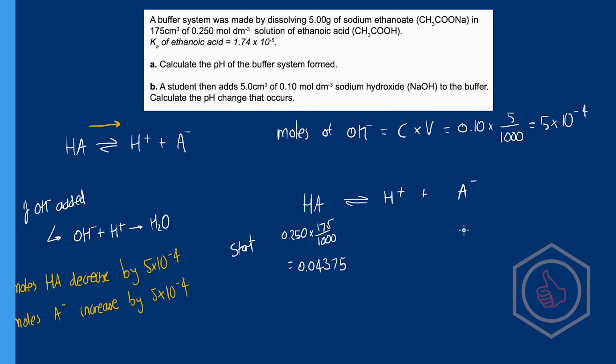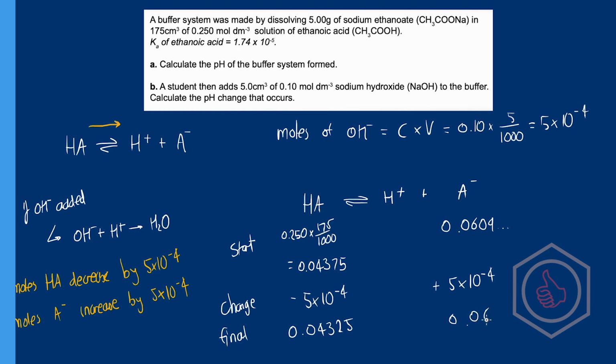The starting moles of A minus we calculated earlier from the dissolved sodium ethanoate, and this was 0.0609. Now we've just said that the change in moles of HA is going to be minus 5 times 10 to the minus 4, and an increase of 5 times 10 to the minus 4 for A minus because of the hydroxide ions we just added, giving us a final moles in our new equilibrium system of 0.04325 for the HA and of 0.0614 for the A minus.